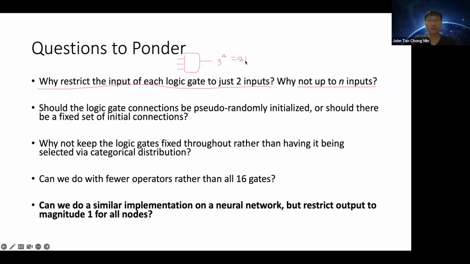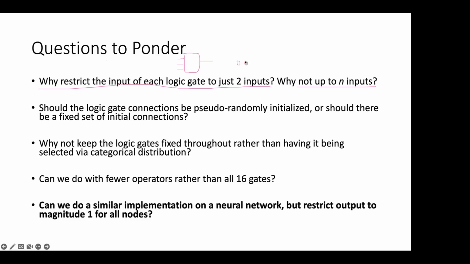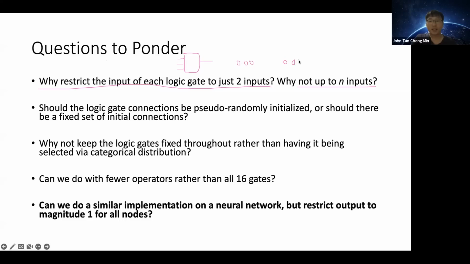True, true. Actually, if we look over here, maybe it's not 3 to the power 4. I think it's not 3 to the power 4. It's the number of actual inputs to your function. So let's say 0, 0, 0, then 0, 0, 1, and so on. It's the number of permutations of all this until 1, 1, 1.